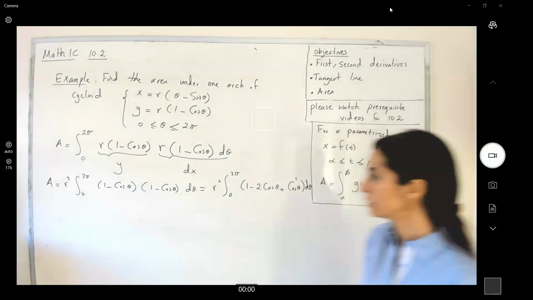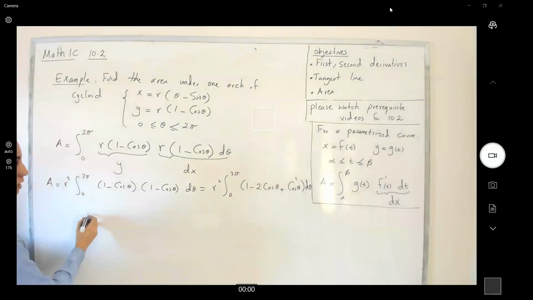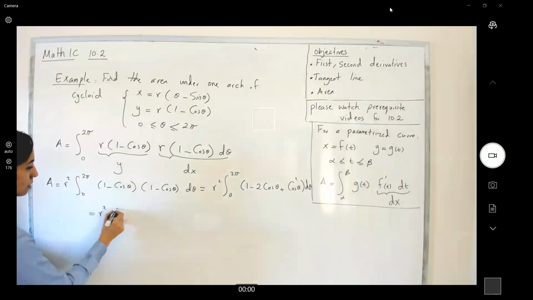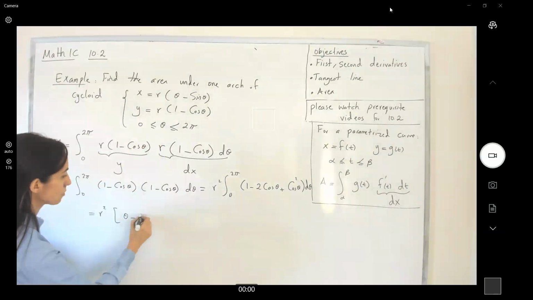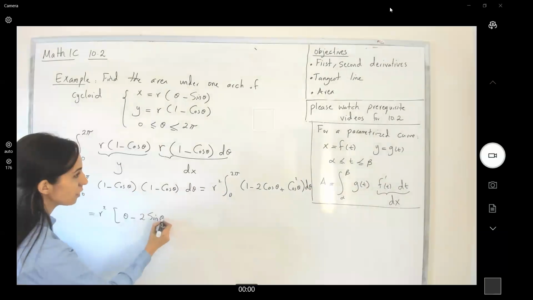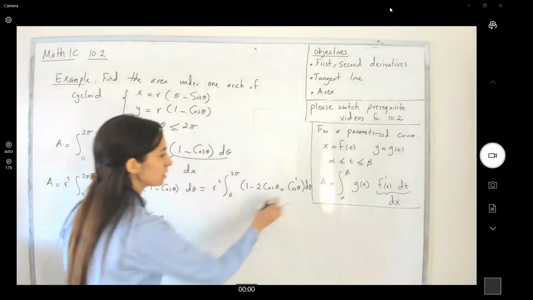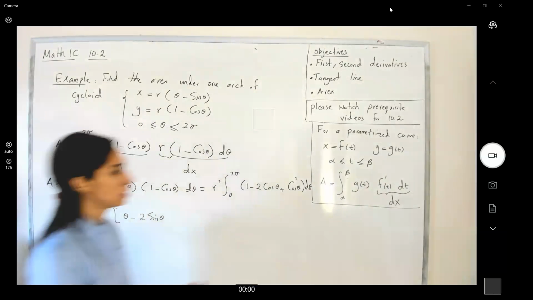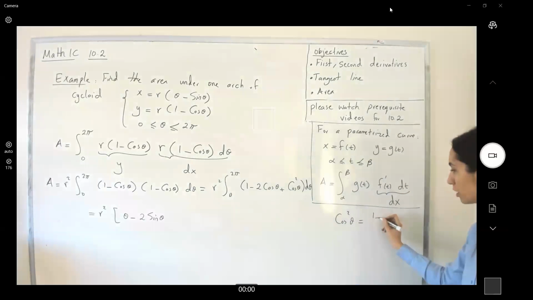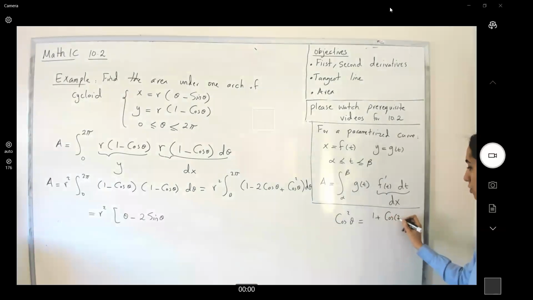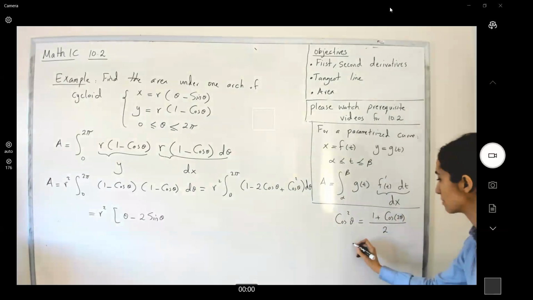Okay, taking the integral of 1 is theta, so this is r squared times theta minus 2 sine theta. And to take this integral, let us convert cosine squared of theta to 1 plus cosine 2 theta divided by 2. I'm using this formula because I have exponent 2 and I have to simplify it as much as I can.